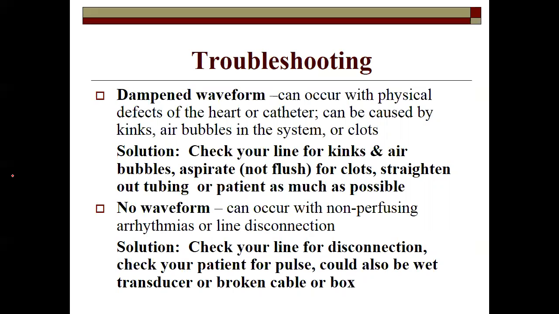We'll draw back on that to get blood return, make sure there's no clots. Once we have blood back, we'll inject back with heparinized saline and then reconnect our line that has been flushed to make sure there's no air in it. Then you can flush the line just to make sure there's no air. But we absolutely do not want to flush any air bubbles into the system. That's a concept that's not really that foreign, but I'm just amazed how often that actually happens.